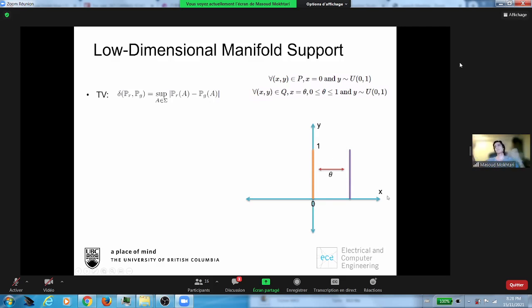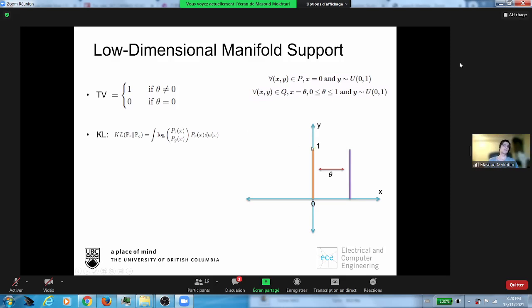The subset from 0 to 1, what's the probability of that on the y-axis? It's 1. So this would be 1. And for the generator, all the points are here, not here. So that would be 0. So that means our total variation when theta is not equal to 0 would just be 1 minus 0. But if it is equal, then it's just 0. I think that makes sense.